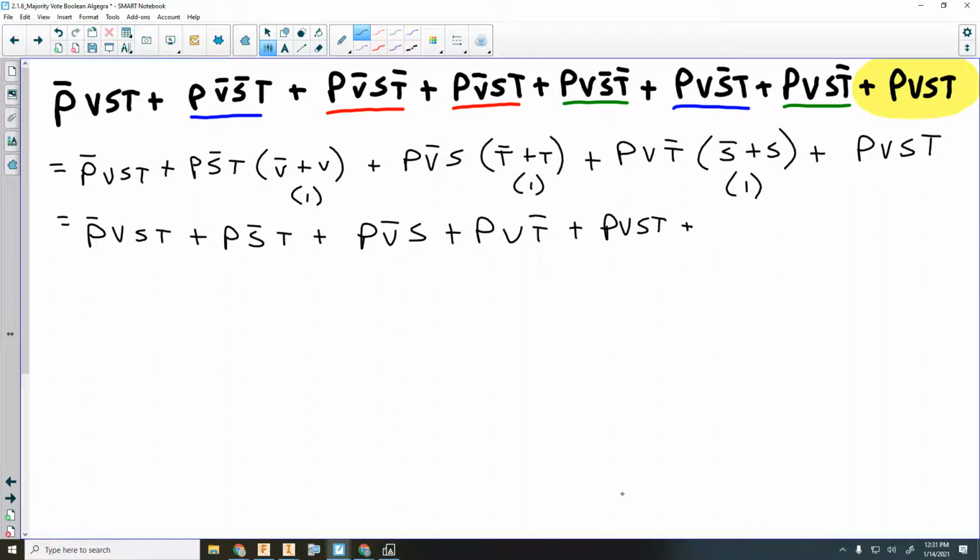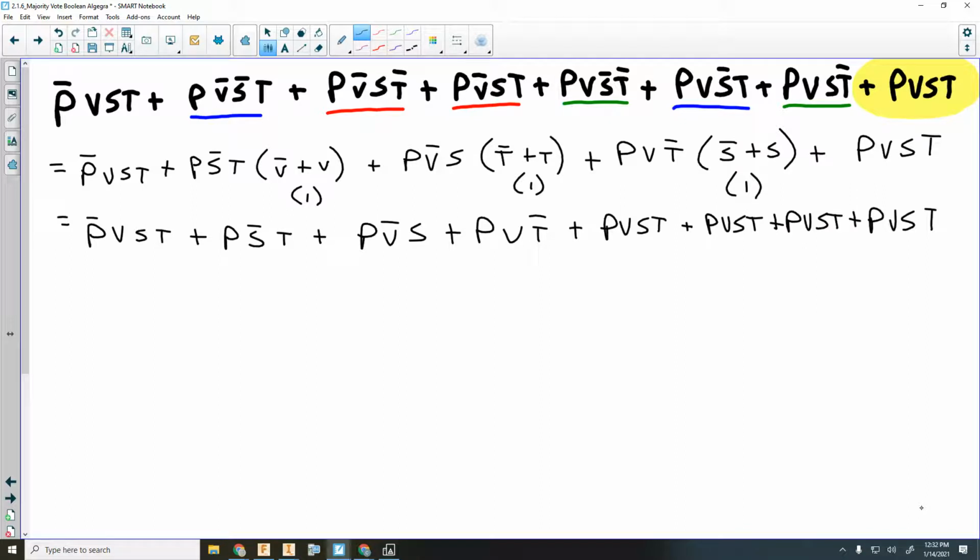Well, remember how sometimes you've got to make things more complicated to make it simpler? Okay, so I want to OR that with PVST. You're ORing something with itself, it doesn't change it, right? That's okay.